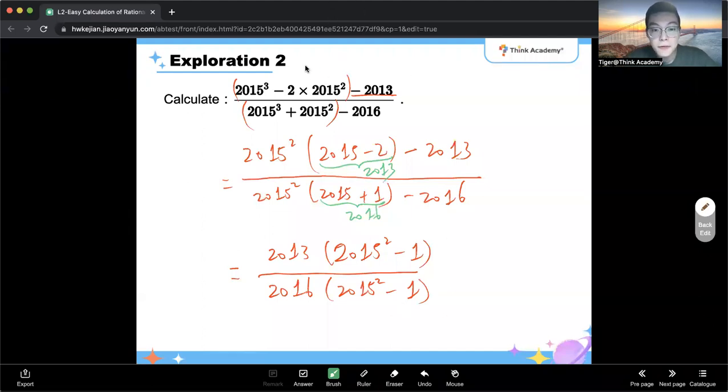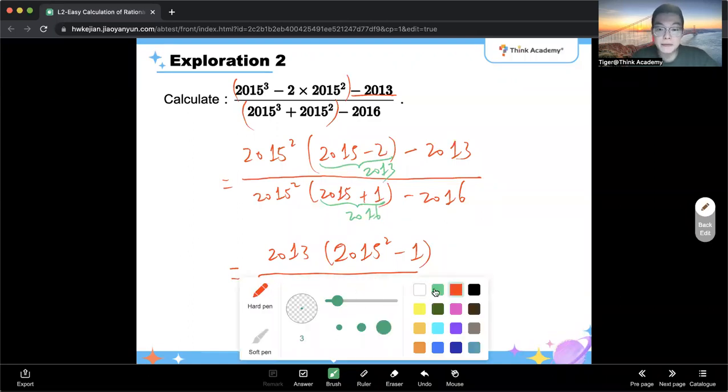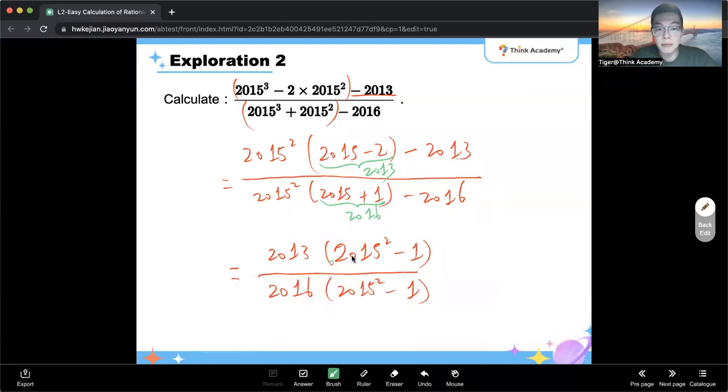So now we can see that in the numerator and the denominator, we can divide the same term, such that what we have remaining is 2013 over 2016.